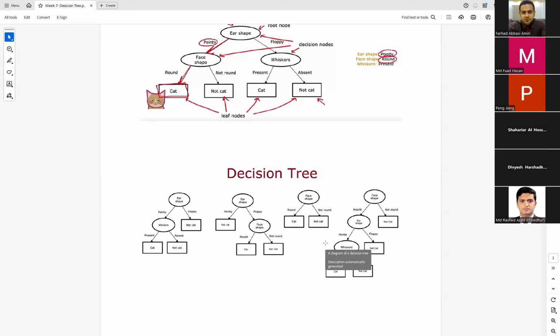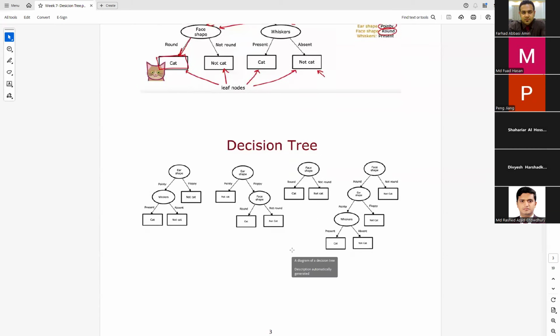I need maybe 10 decision tree structures and see what those 10 decision trees say about that image, if it is cat or not cat. Maybe I need the opinion of all those decision trees, right?